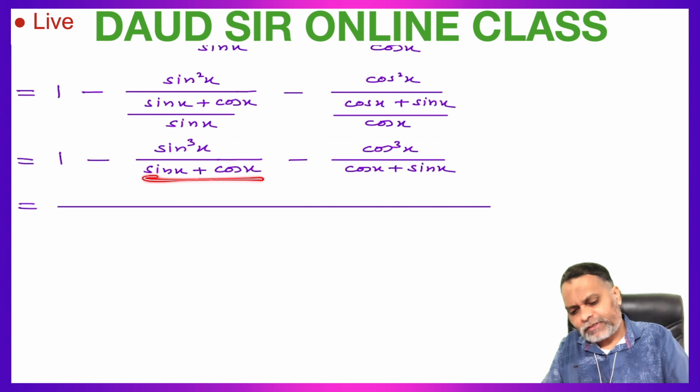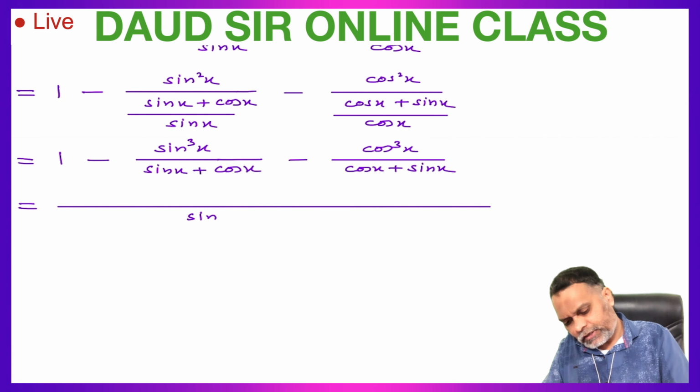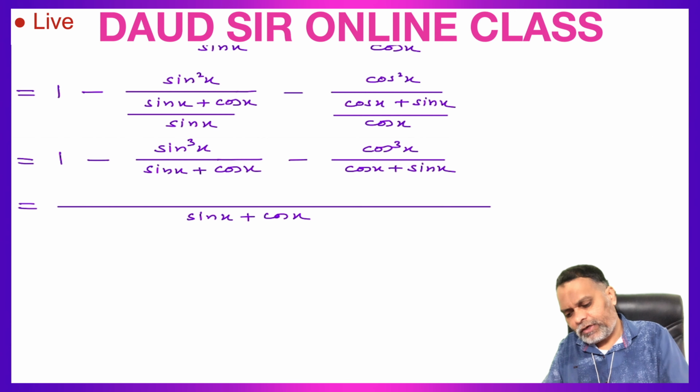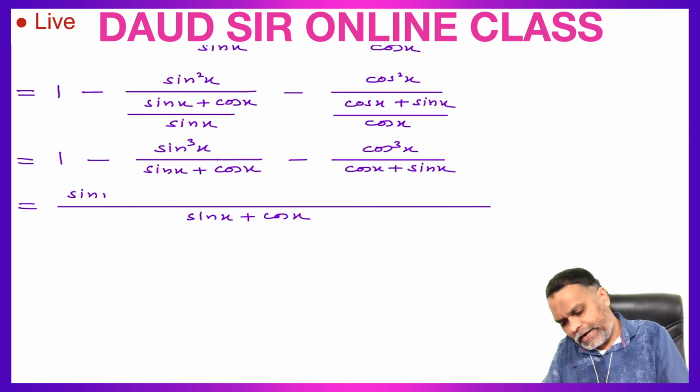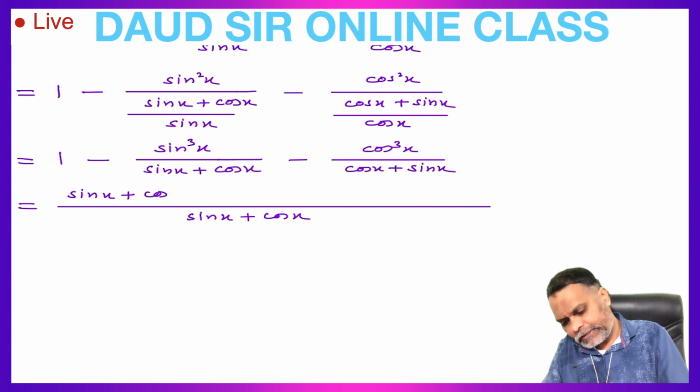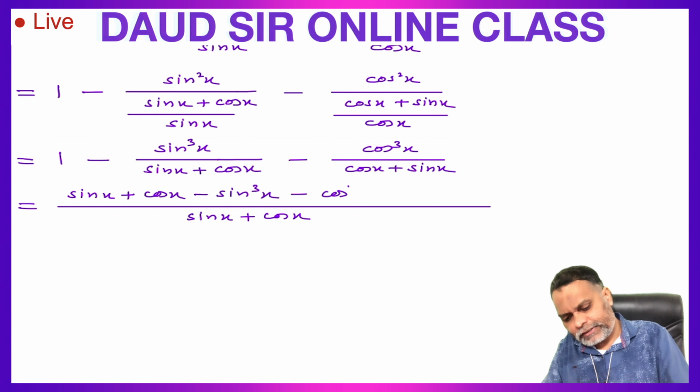LCM of sin x plus cos x and cos x plus sin x is sin x plus cos x only. One time we can take it because both the terms are the same. So dividing by sin x plus cos x and multiplying into 1, this is sin x plus cos x, and dividing by this, 1 into minus, so minus sin cube x and minus cos cube x.